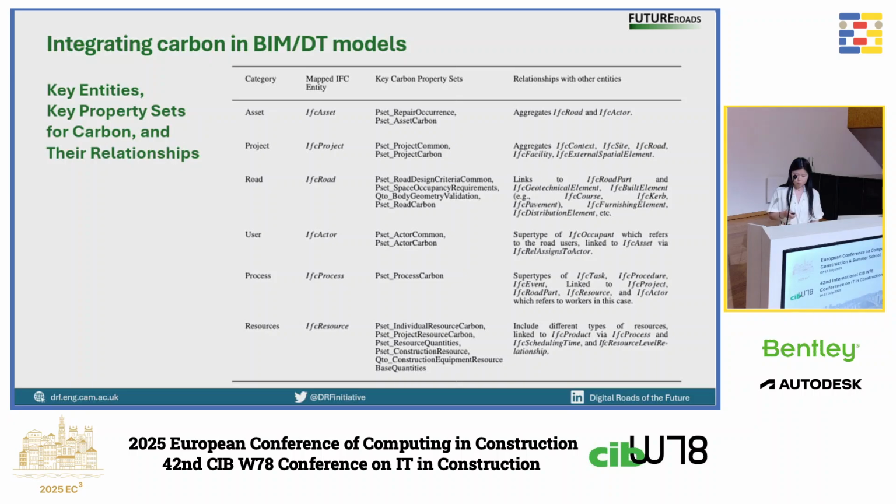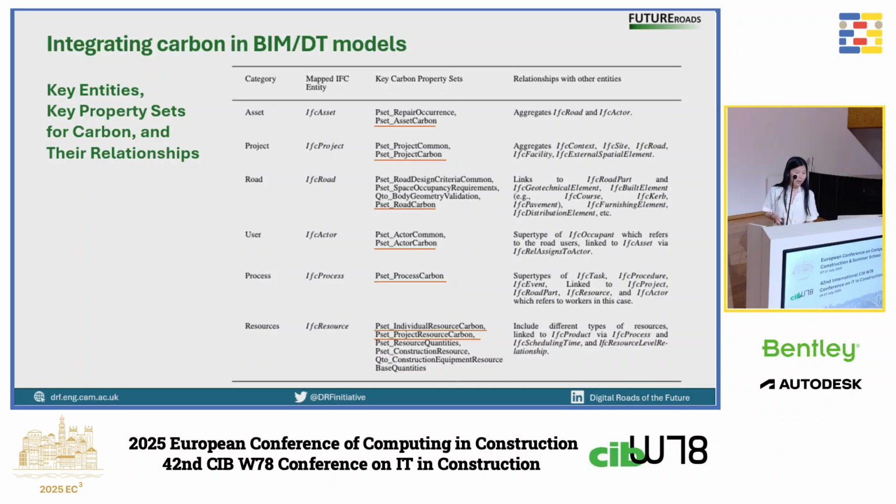And more importantly, it's the key property sets that we try to extend. As you can see, those underlined are the new property sets that we developed, while the others are the existing property sets that are already there.